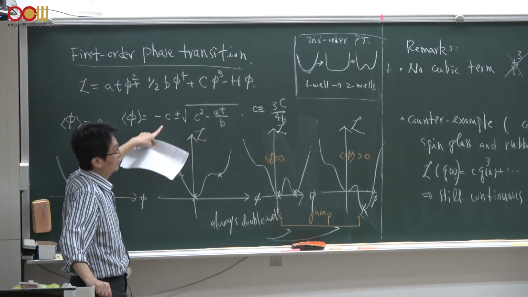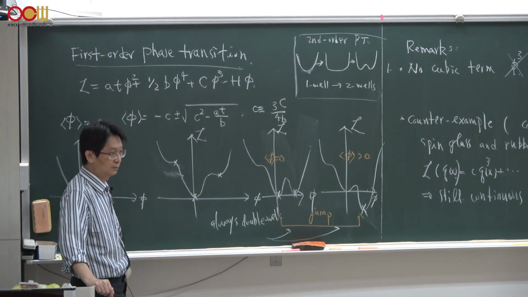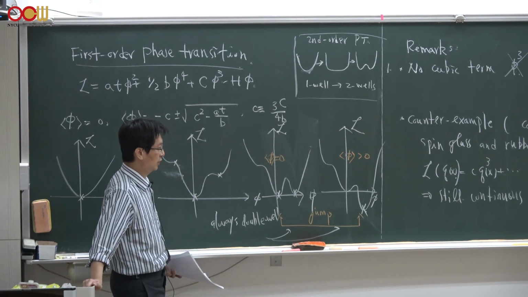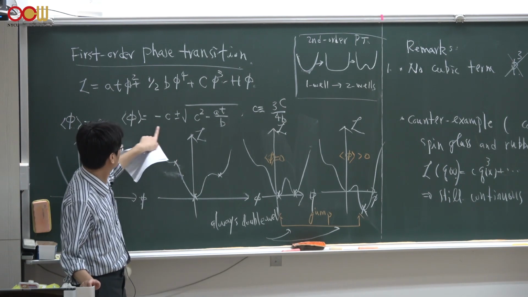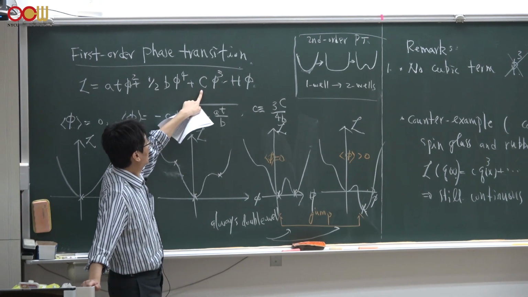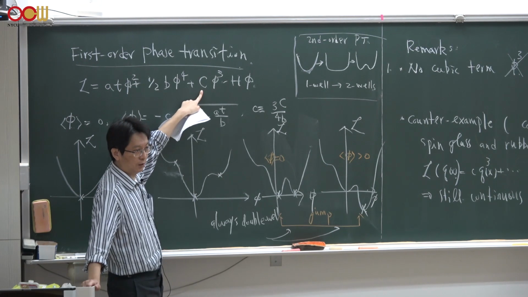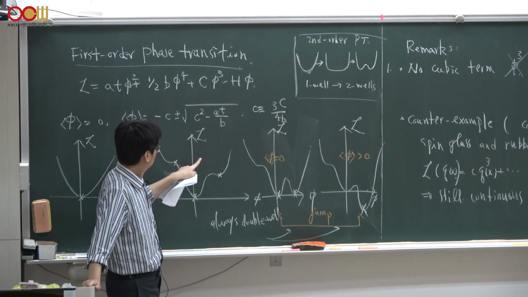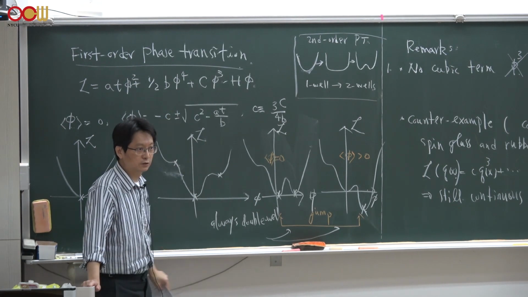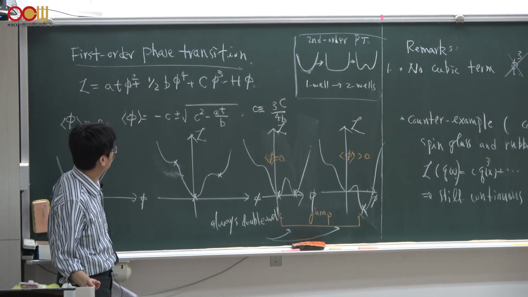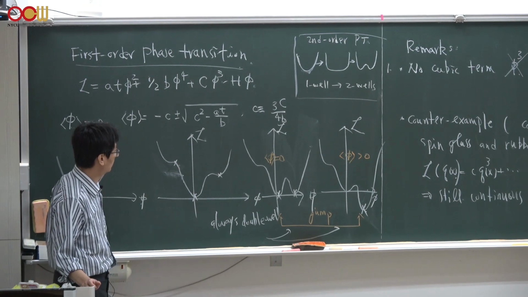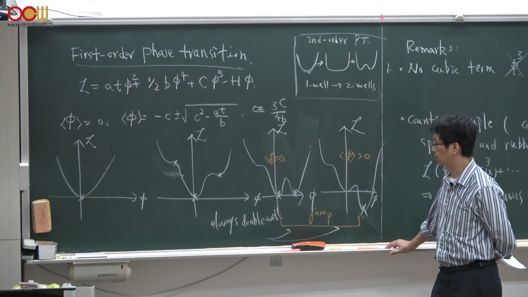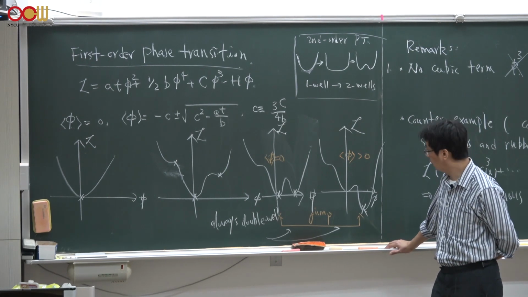Then we need to compare the energy of those three minima, because the cubic term differentiates these roots. When phi is positive and the capital C is positive, the cubic term gives a positive contribution to the Landau free energy density, but when phi is negative, it contributes negatively. So there is a difference between these two, and we just study one of them, because either the positive or negative solution will minimize the Landau free energy density at the global minimum.